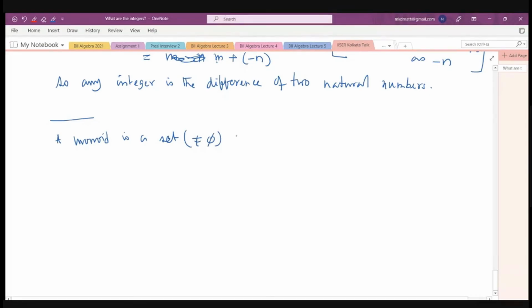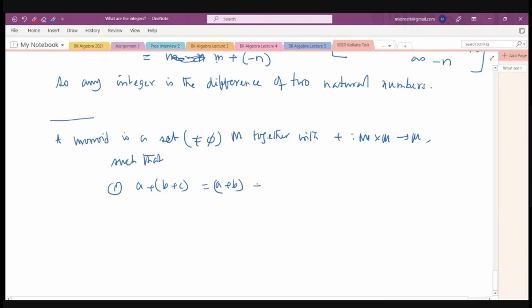A monoid is a set M together with addition, which is from M cross M to M, such that number 1, A plus B plus C is equal to A plus B plus C for all A, B, C belonging to M, and number 2, there exists 0 belonging to M such that 0 plus A is equal to A plus 0 equal to A for all A in M.